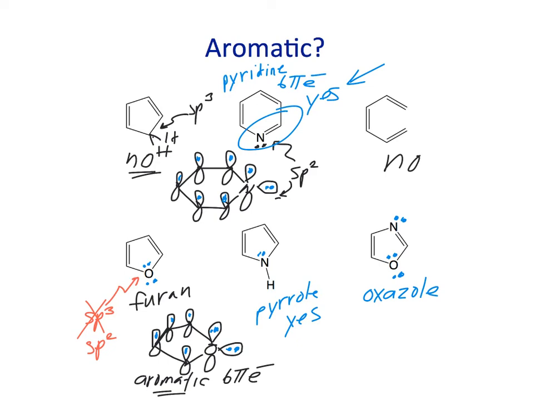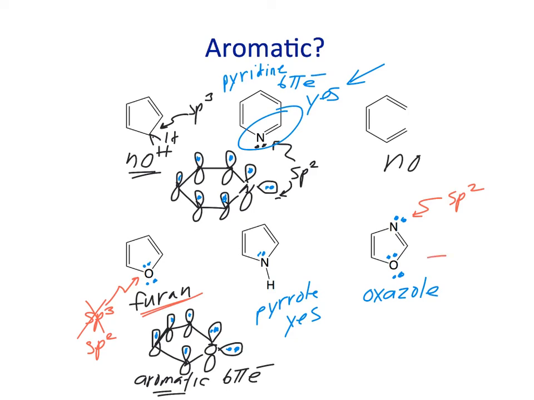So let's look at these pi electrons. What orbital would those be in? That nitrogen already has a pi bond, so these will be in the sp2 hybridized orbital. Oxygen has 2 pairs, just like in furan over here.